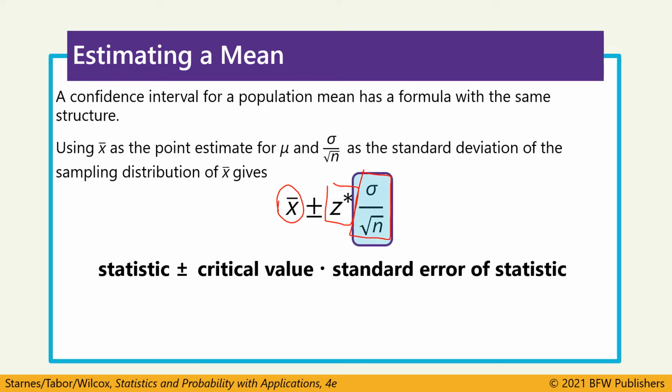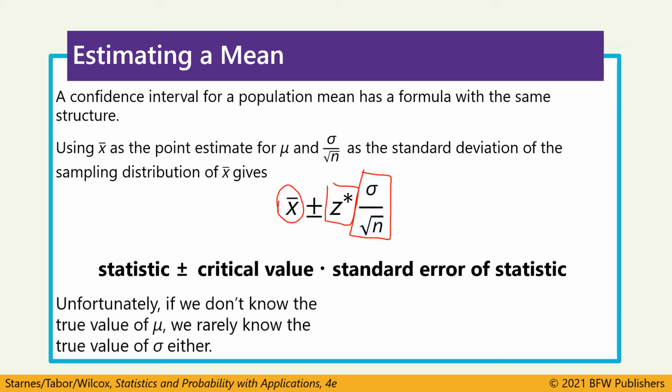Now, the issue that we're going to run into is that we don't know what mu is. Remember, we're creating a confidence interval to estimate mu from a sample statistic. And because we don't know what the true population mean is, we probably don't know what the true population standard deviation is. That's what sigma is in that equation.